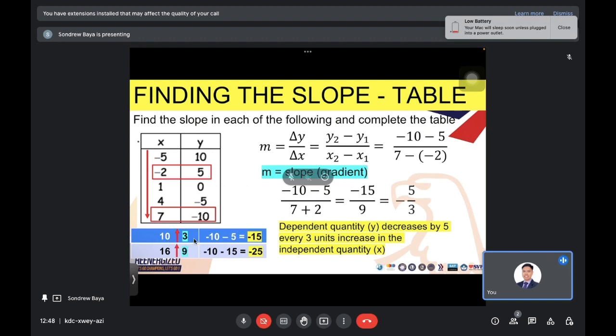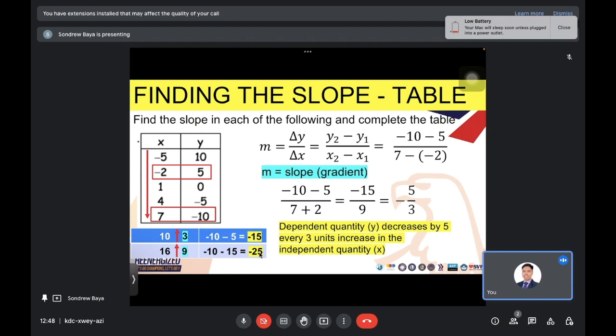Since every 3 units y decreases by 5, and the x value here changes by 9, it undergoes a change of 3 units 3 times. Hence, your y should be decreased by 5, 3 times also. Then, you have negative 10 minus 15, and that gives you negative 25.